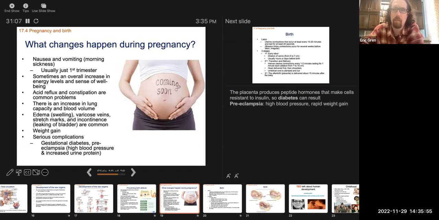So maybe the cells, for example, in your liver or in your muscle tissue, are becoming desensitized to insulin, or for some other reason, they're not responding the way that they should to insulin. And so the mother's blood glucose levels can increase out of the normal healthy range.